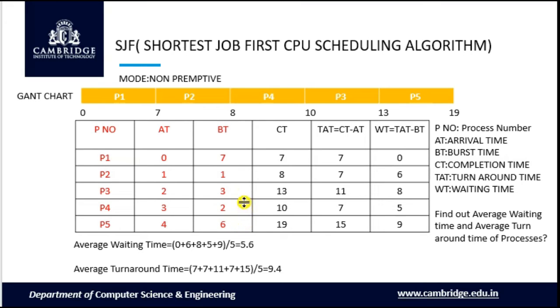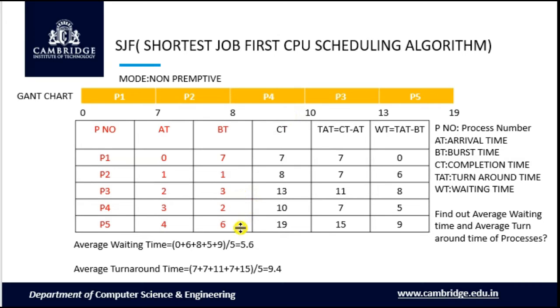P4's burst time is less compared to P3 and P5, so P4 is scheduled in the Gantt chart. That means P2 completed at 8, and 8 plus 2 is 10, so P4 is scheduled. The remaining processes are P3 and P5.